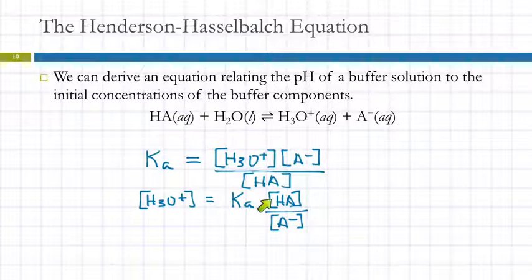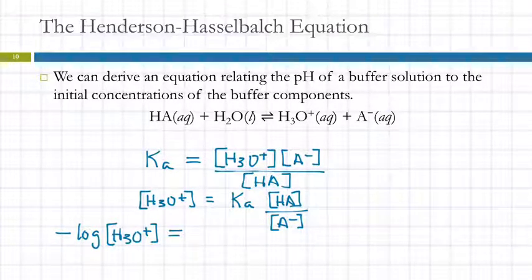I took the denominator here and brought it up, took the numerator and put it down, and then I wrote it backwards. So I've got hydronium ion concentration in terms of the components of my buffer and Ka, but I want pH. pH is the negative log of the hydronium ion concentration. So I'm going to take the negative log of H3O plus.